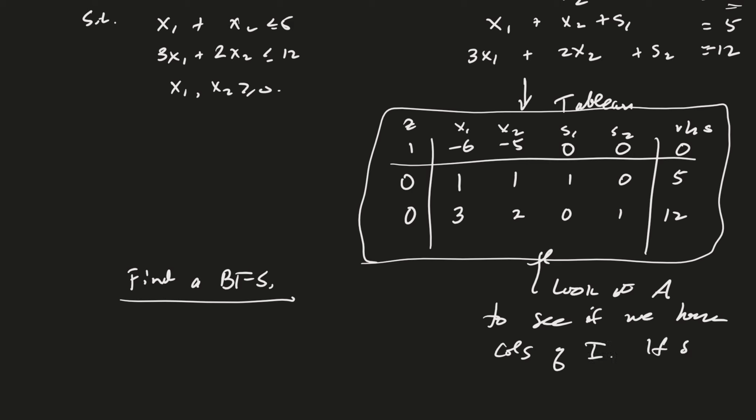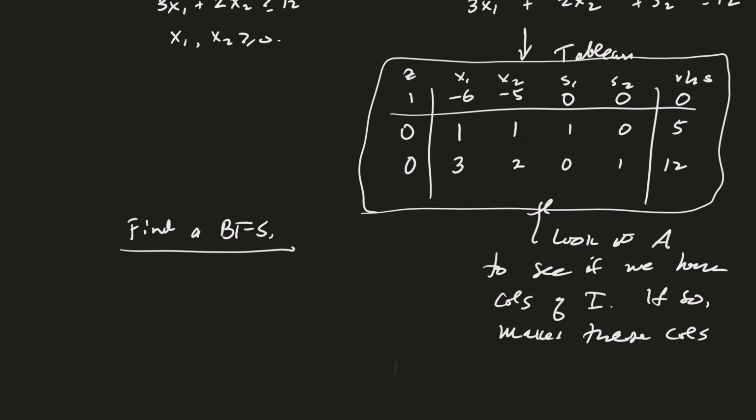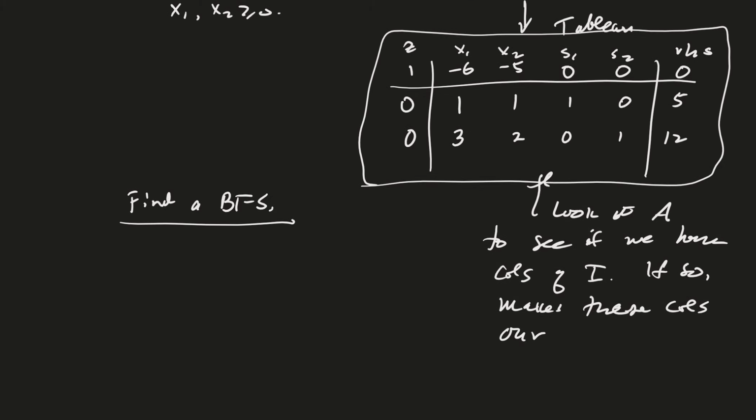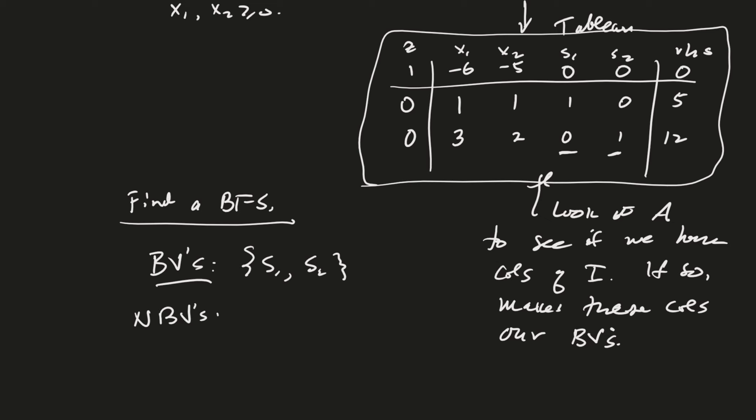If so, make these columns our basic variables. Right? So in this situation, we see that S1 and S2 are the first two columns of the identity. So our set of basic variables will be S1 and S2. And in that case, by the way, our NBVs are X1 and X2, and these are set to 0.